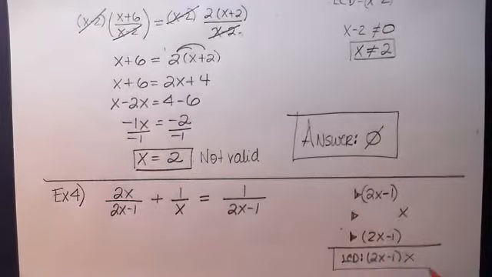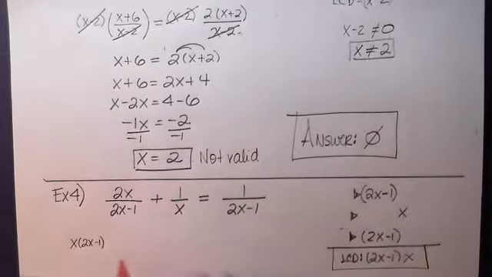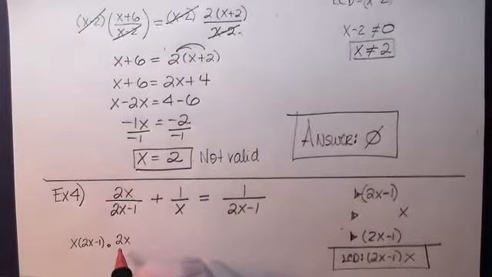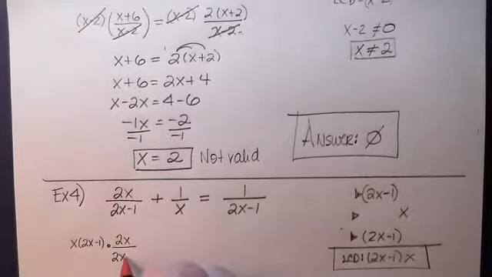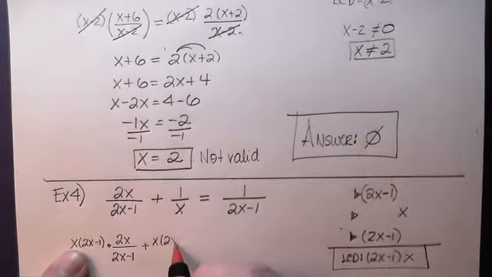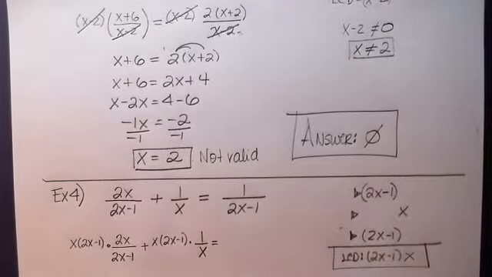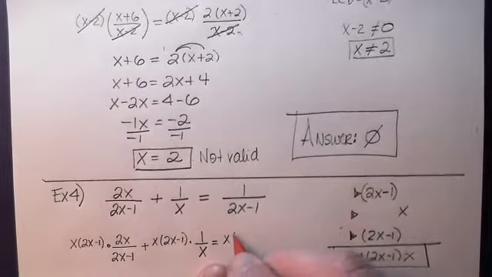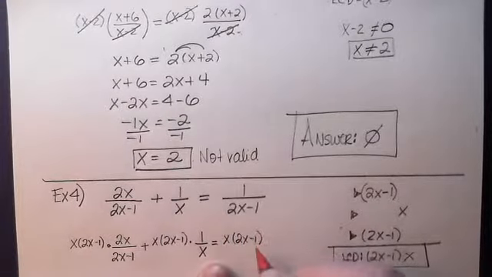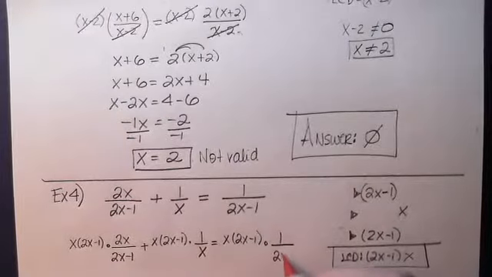Alright, so with that in mind, we're going to multiply each one of these guys by our LCD. So I'm going to write x times (2x minus 1) multiplied by the first fraction plus, again, x times (2x minus 1) times 1 over x, our second term, equals x times (2x minus 1) times the other fraction over here.